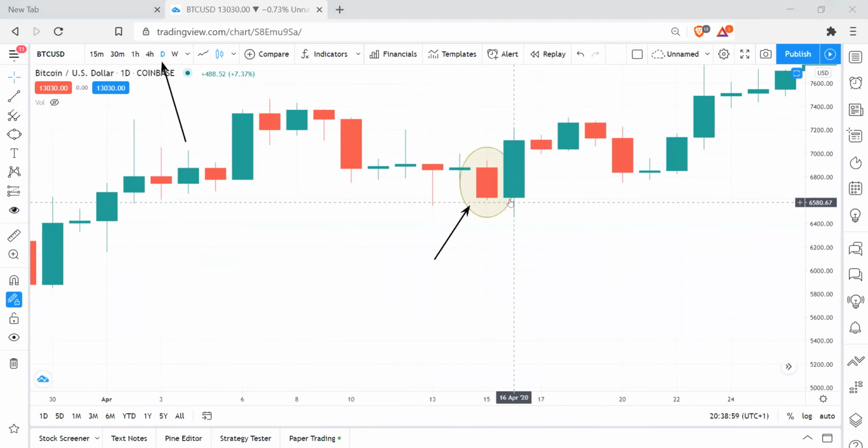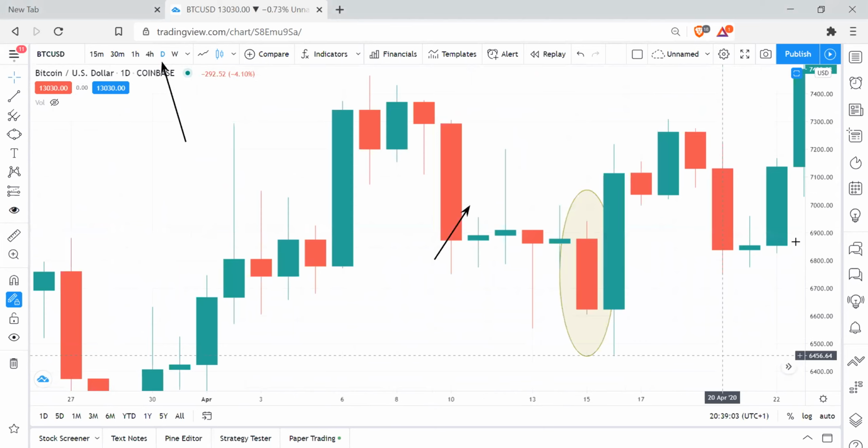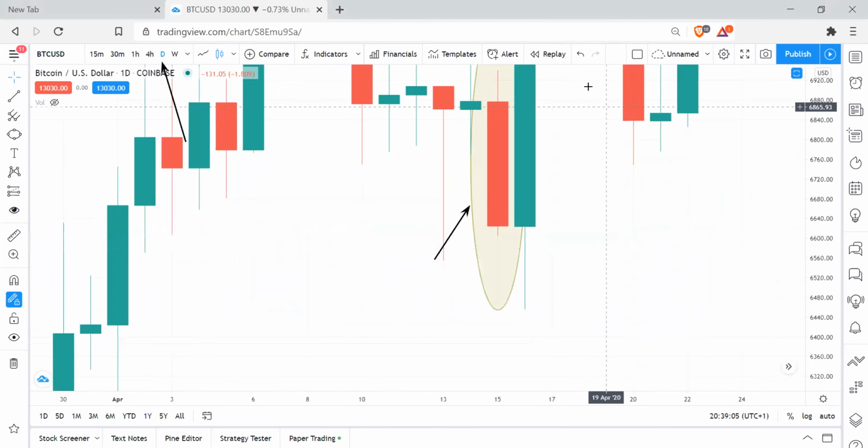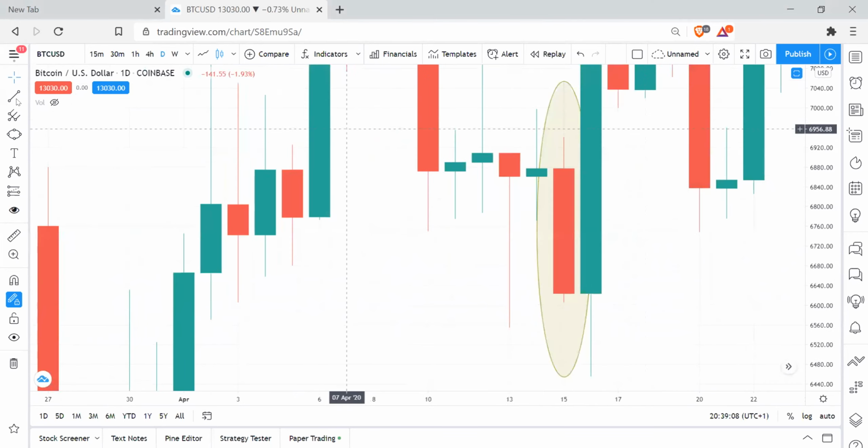And let's see, okay, let's illustrate. So what do we see here? You see this wick, right? This wick down, that is what? That's the low, remember? The lowest price, the lowest point that price got to, that's the low.